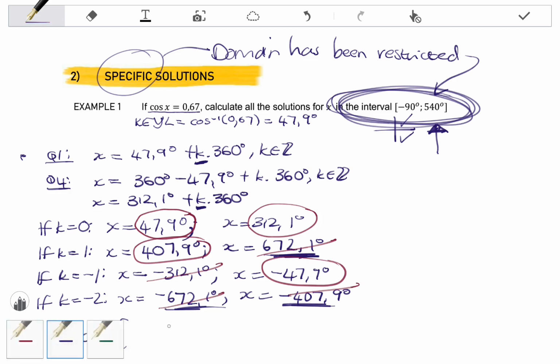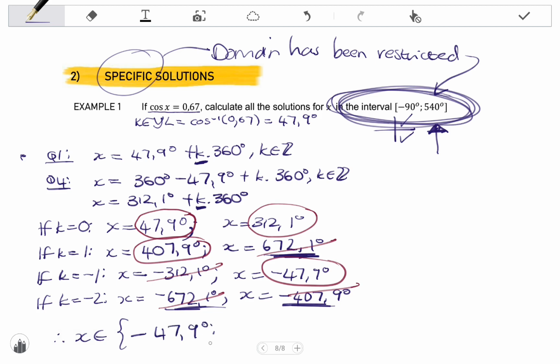So my final answer, written from smallest to biggest, in curly brackets: -47,9 degrees, 47,9 degrees, 312,1 degrees, and 407,9 degrees. Those are the specific solutions within the given domain.